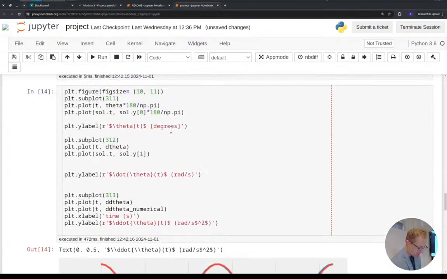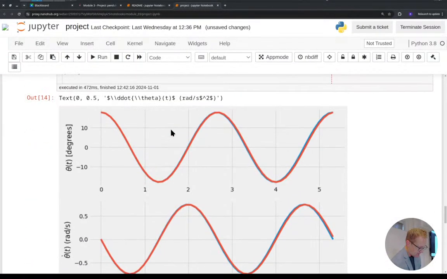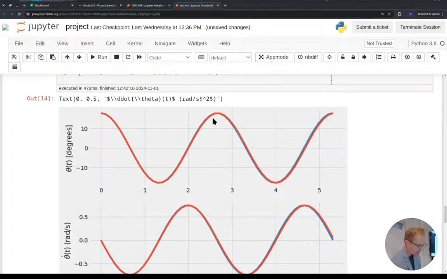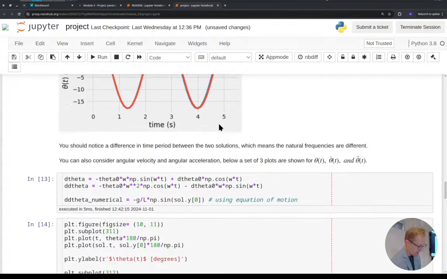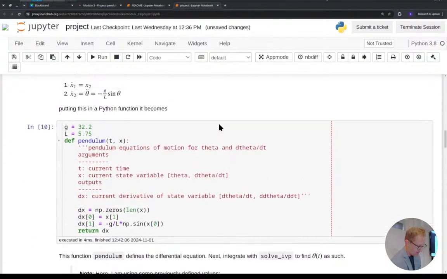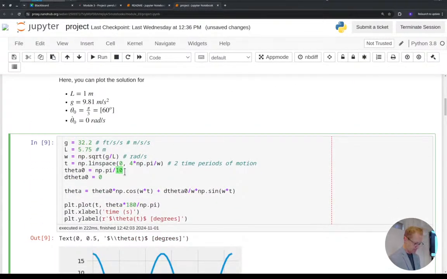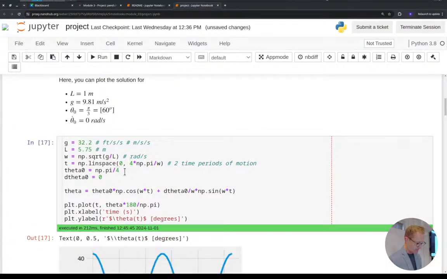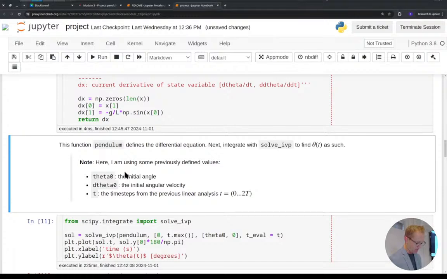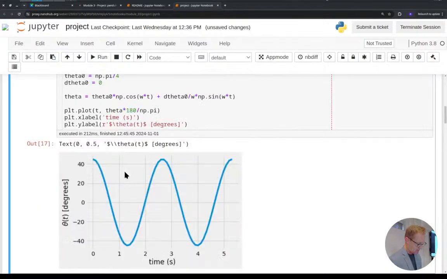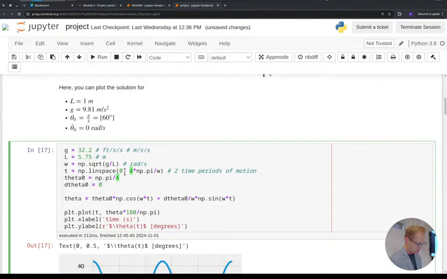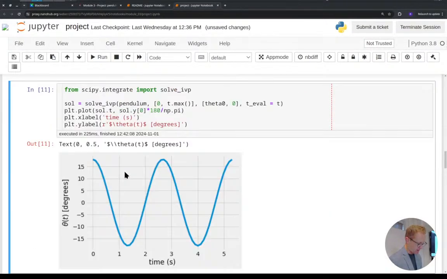I don't know what you were using for your pi value. Oh, this was pi over 10 for theta, and then instead of pi over 10, I was looking at pi over 8. You can see something, but barely. Yeah, pi over 6 is another one.